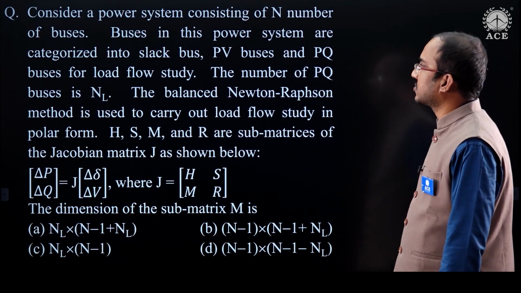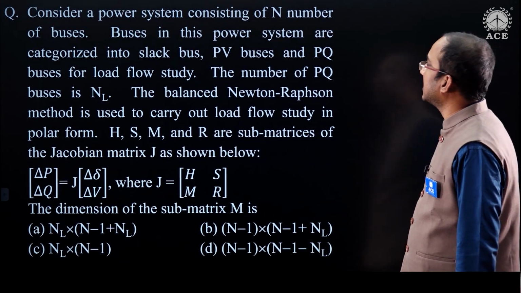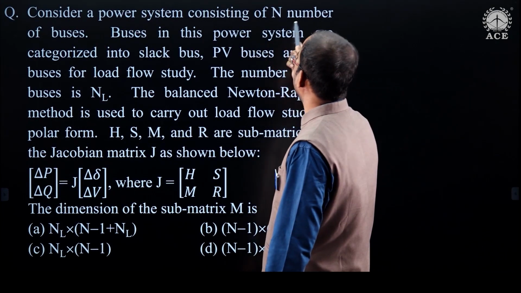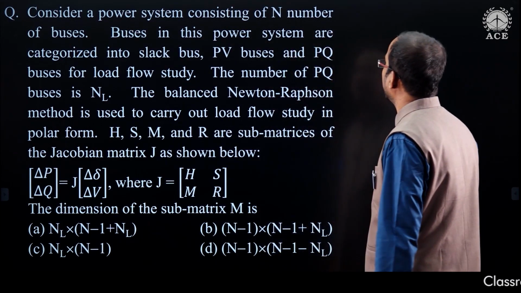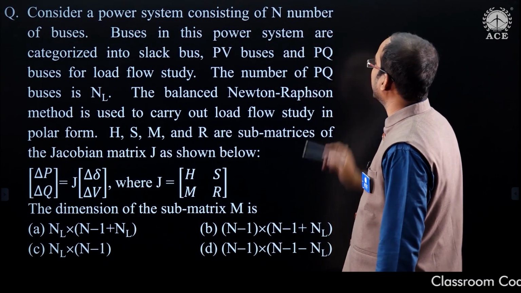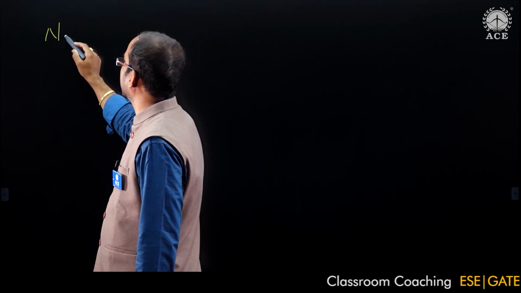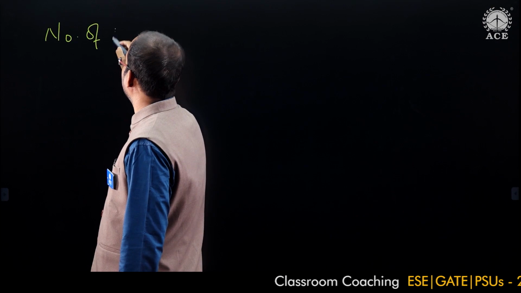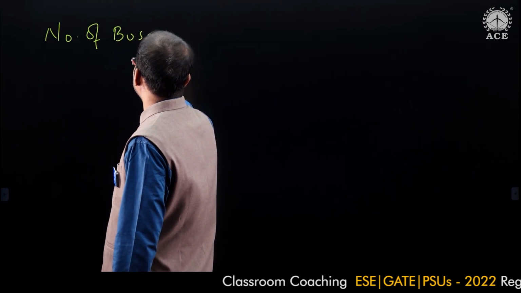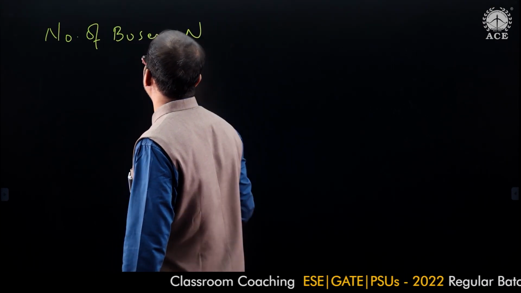Now let us observe this question. He has given, consider a power system consisting of n number of buses. Here the number of buses is given as n.